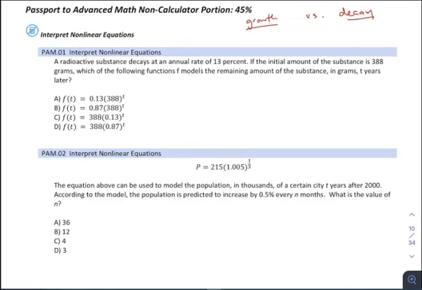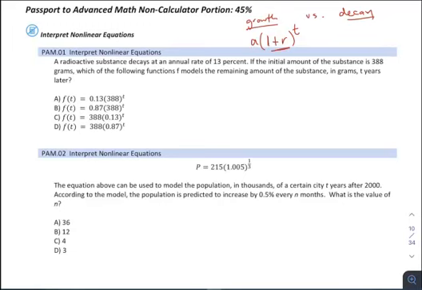Okay, the basic form for these is some a value where that's the original amount at time 0. Growth is going to take 1 plus some rate of change to the power of t. And so this number right here in the parentheses is going to be greater than 1.